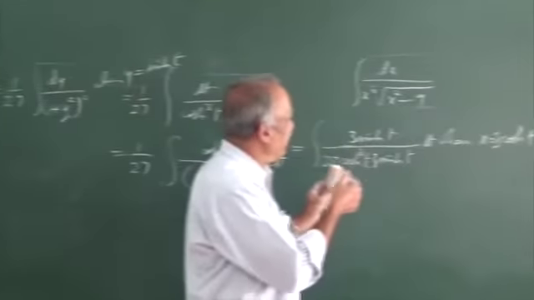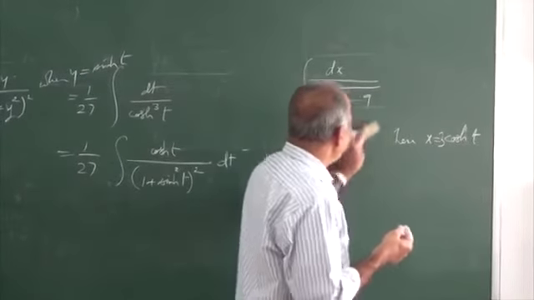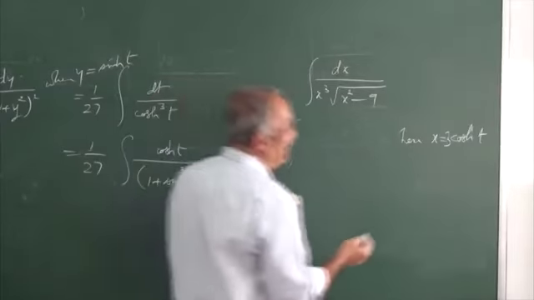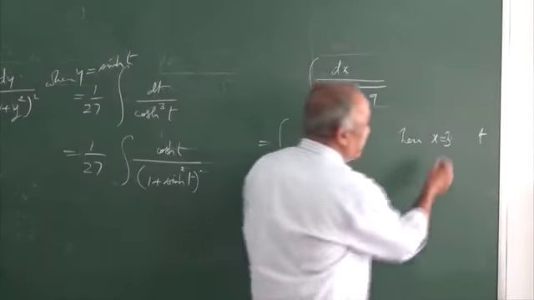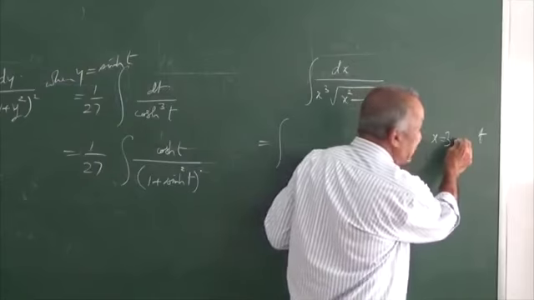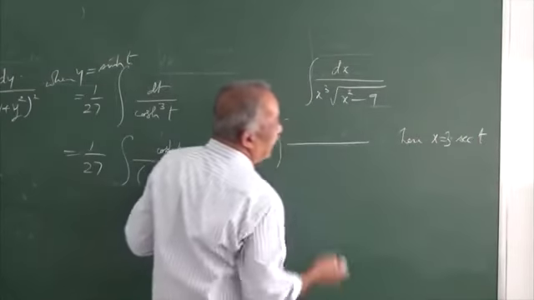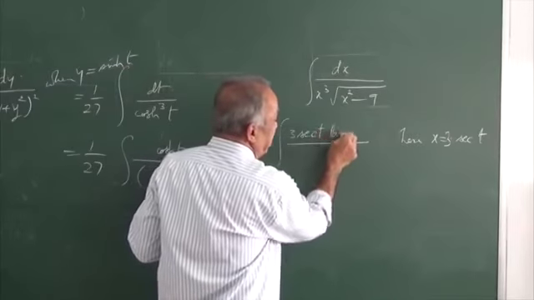Let us have one more experimentation. So, the substitution that you suggest now is x equal to 3 secant t. This will be 3 secant t tan t dt.